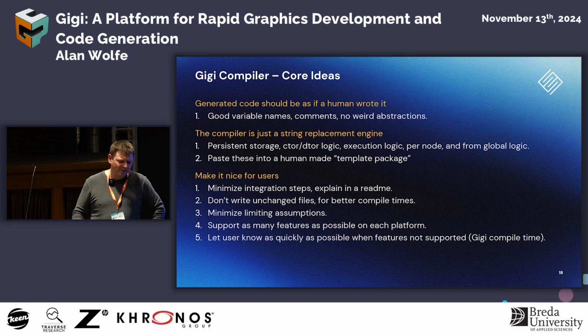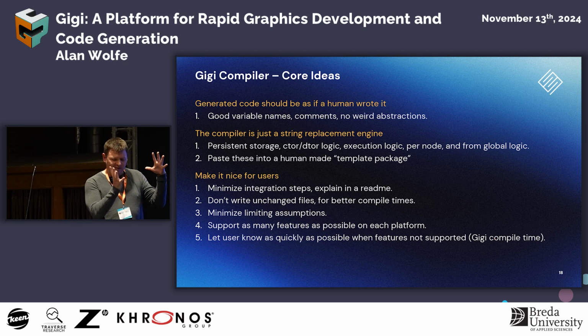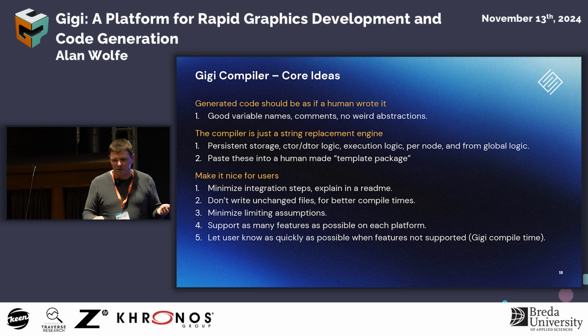The compiler might sound complex or super sophisticated, but it's actually just a string replacement engine. For DX12, as an example, there's just a set of files of what a generated code package looks like: some header files and some CPP files and a README and stuff like that. But within those files, there's a special markup that says where certain things should go.